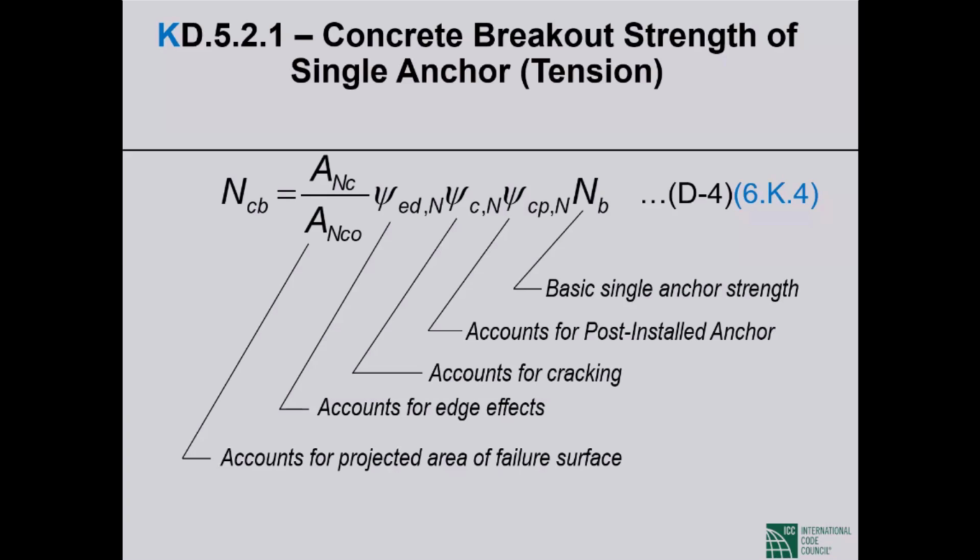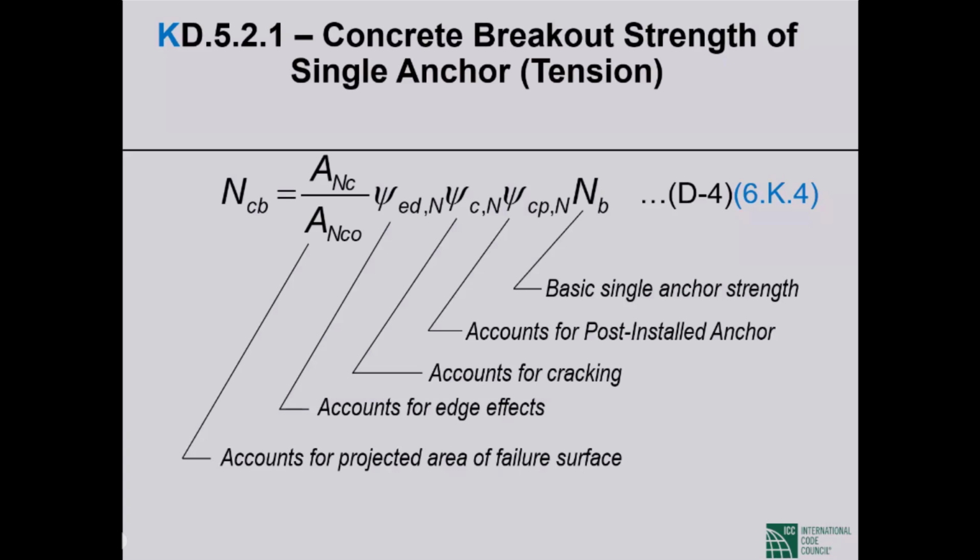A sub N0, the quantity in the denominator, is the projected area of the failure surface of a single anchor in tension, now considering spacing between the anchors and the edge distance. Okay. The psi sub ED is a correction factor for edge distance. Psi sub C is a correction factor for possible absence of cracking.